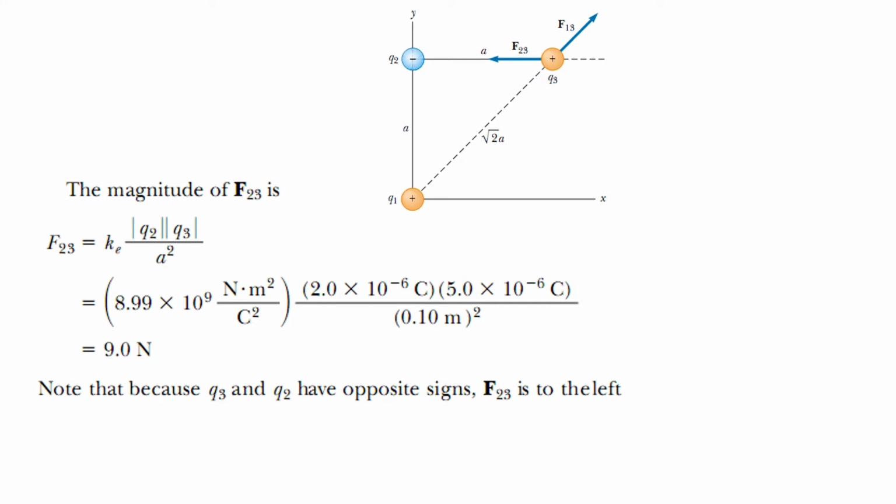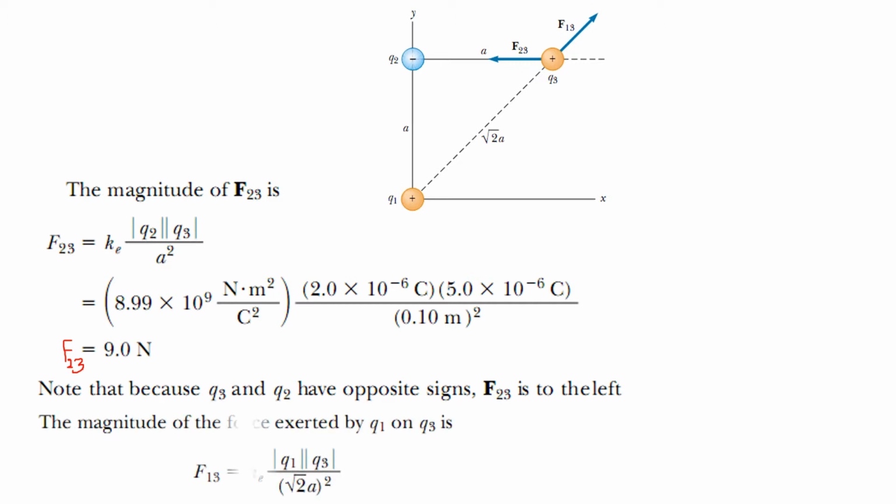This is the force that is exerted on charge 3 due to charge 2. And the magnitude of the force exerted by charge Q1 on charge Q3 is equal to Coulomb's constant times the magnitude of charge 1, magnitude of charge 3, divided by square root of 2 times A squared.